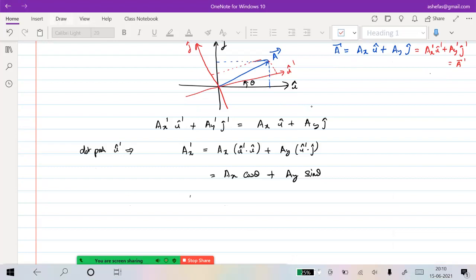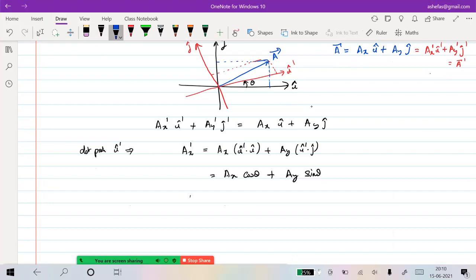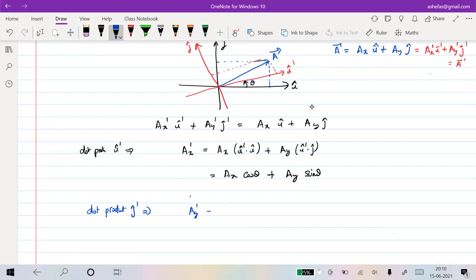Then we can take the dot product with j prime on the first line. Then i prime dot j prime would be 0, and j prime dot j prime would be 1.